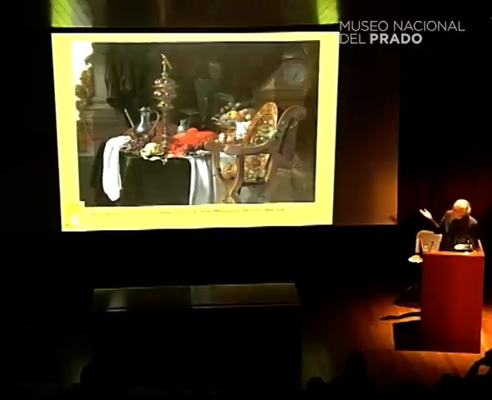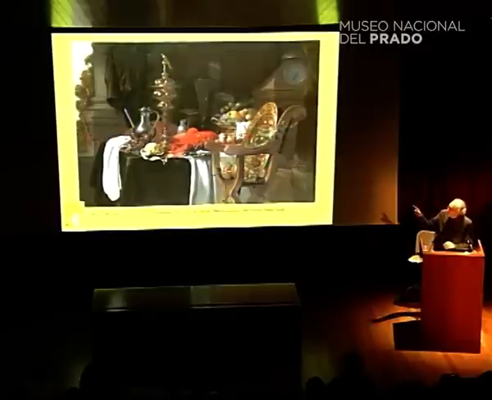He puts a chair in front of the table to suggest depth. He puts a view into a landscape behind the still life, and he also attracts attention by using specific colors, like the red lobster in the center. It draws the attention, and then to the objects that are around it.